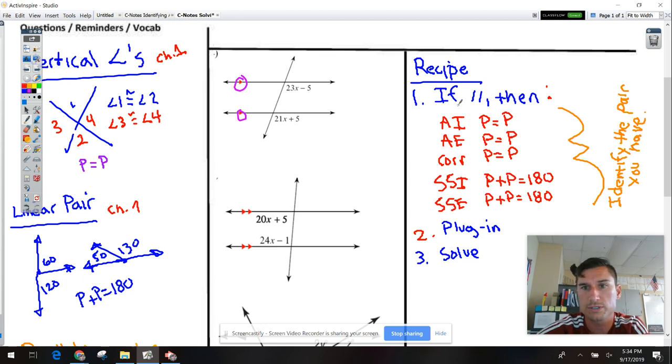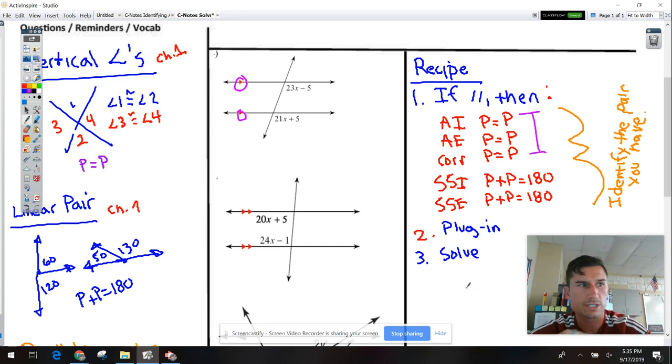So if you have parallel lines, alternate interior, alternate exterior, corresponding, you'll notice that they're all congruent. That's the P equals P formula. Same side interior, same side exterior are P plus P equals 180. So if you identify, it'll tell you what formula to use, either P equals P or the P plus P equals 180. So after that, we're going to do the substitution, aka plug in, and solve for the algebra 1.